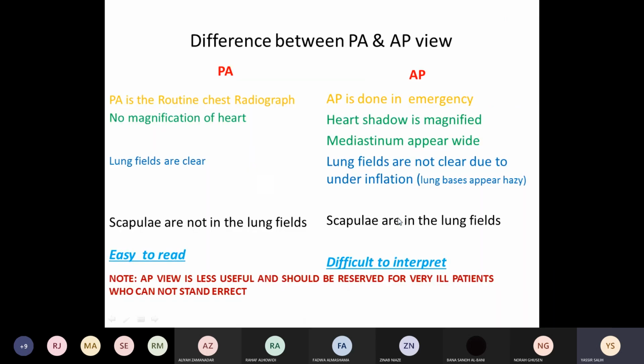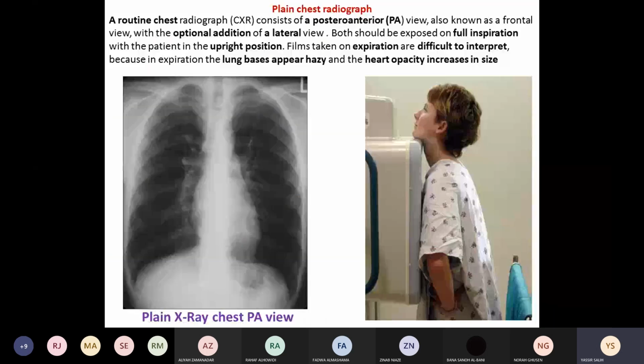So we have two projections: PA, which is routine, and the lateral film, which is an optional view done for more characterization of the lesion if there is one.